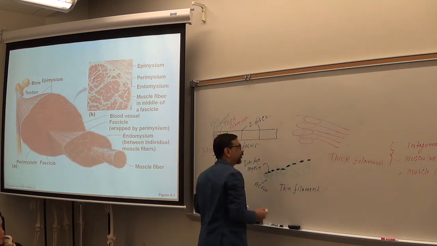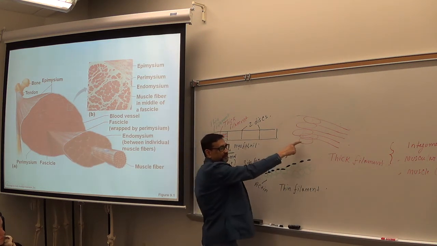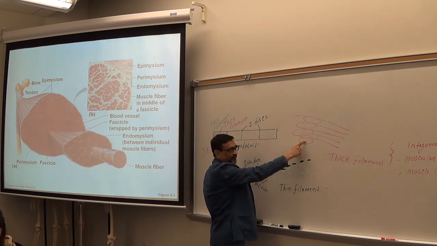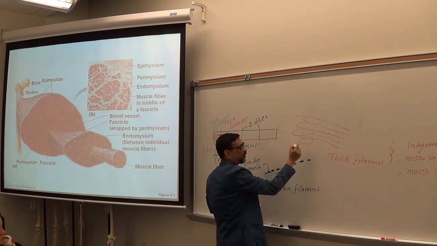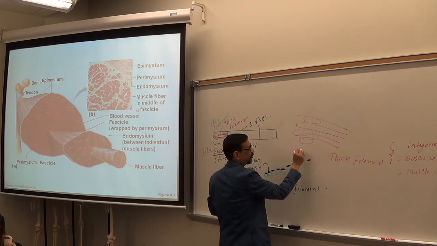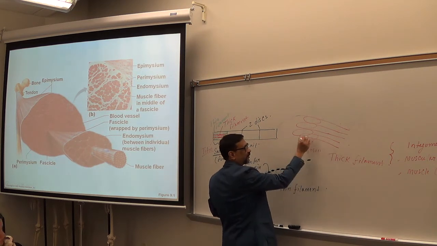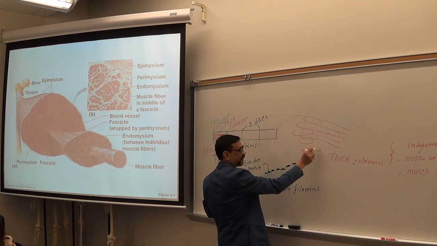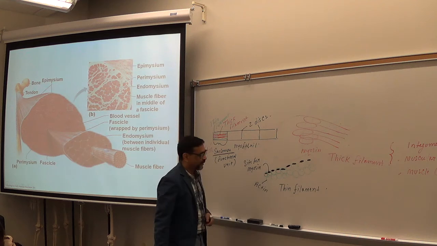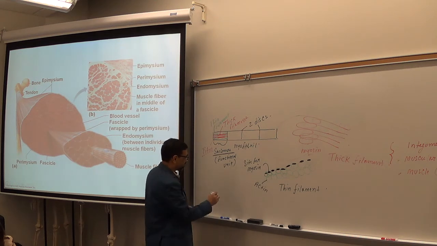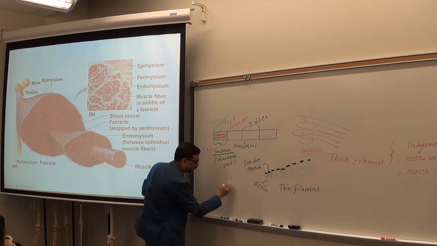Now, each golf club-like structure, or unit of the thick filament, is called myosin. Each golf club, okay, is a myosin. So I can say this is what?